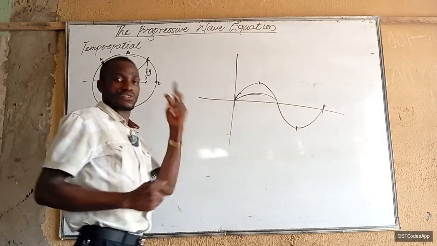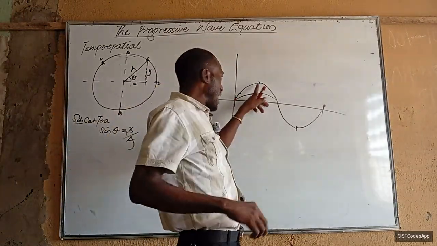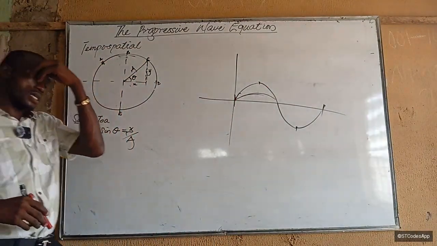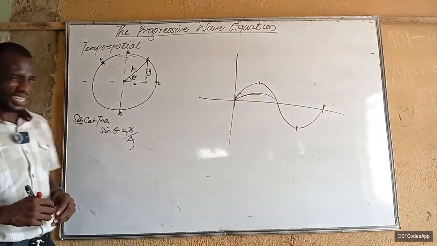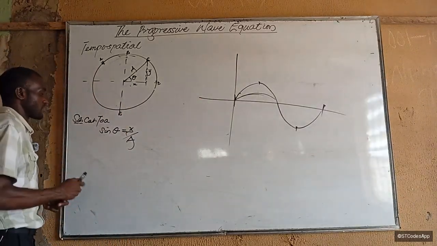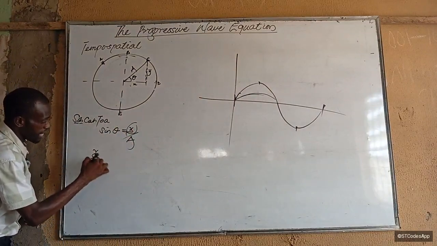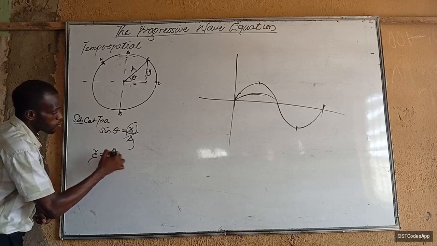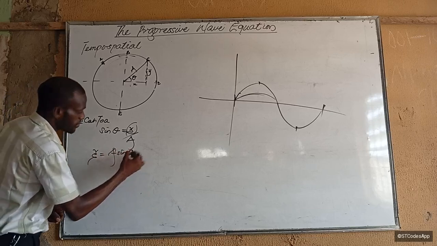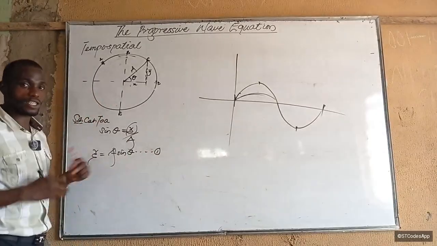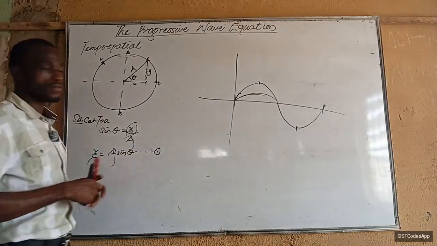Amplitude is the radius of the circle, which is the maximum upward or downward displacement of those oscillators here. Is it clear? Now, keep in mind that we are describing y. If that be the case, then our equation becomes y equals a sine theta. So this is the equation that describes the actual position of this particle.